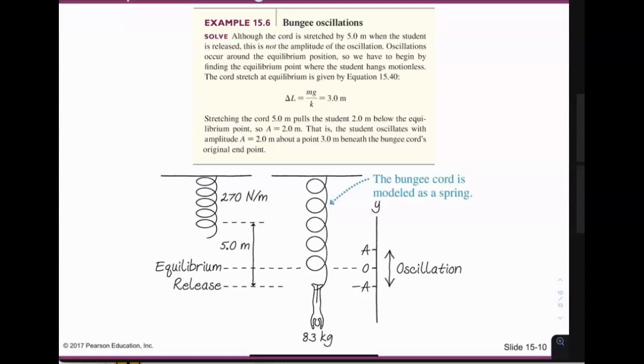Stretching the cord 5.0 meters pulls the student 2.0 meters below the equilibrium point, so the amplitude is equal to 2.0 meters. That is, the student oscillates with amplitude 2.0 meters about a point 3.0 meters beneath the bungee cord's original endpoint.